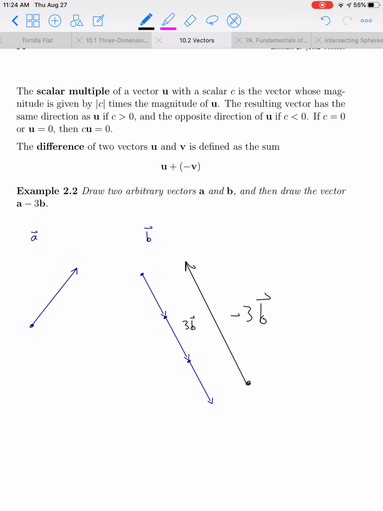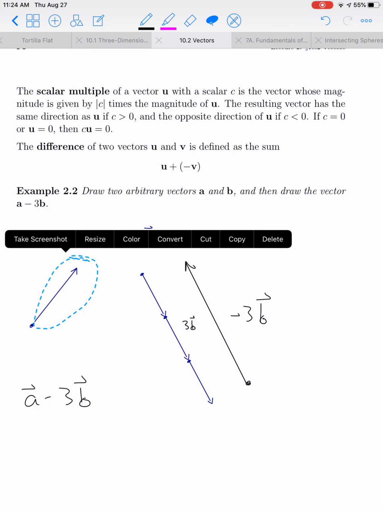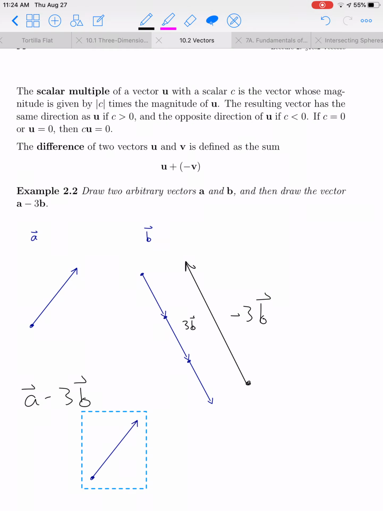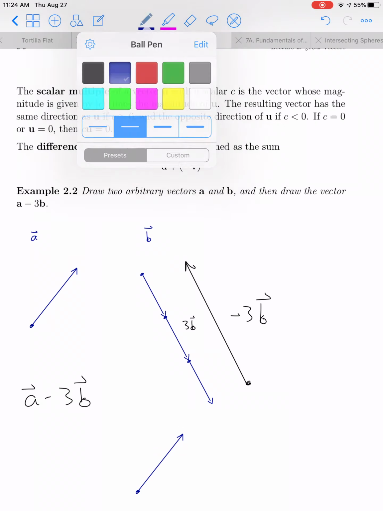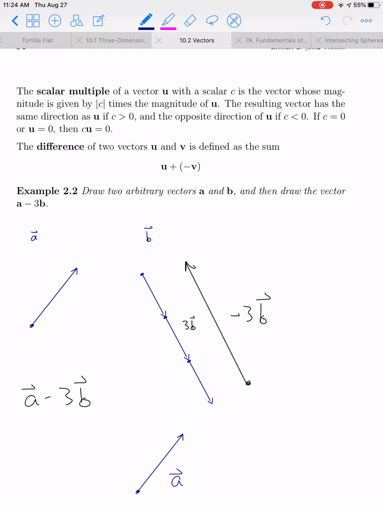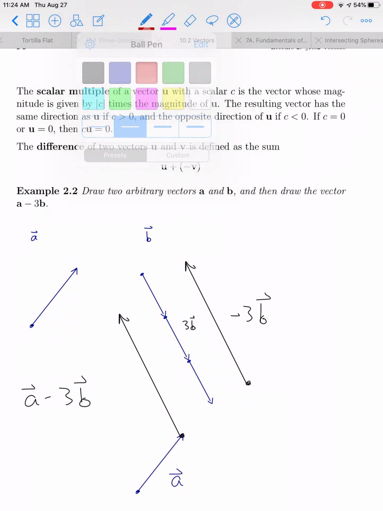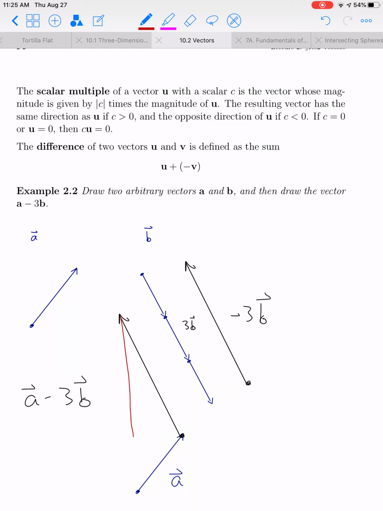In order to find the vector a minus 3b, all we need to do is take negative 3b and put it tip to tail to the vector a. So here's our vector a. We'll label it below, vector a, and we'll take a copy of negative 3b and paste it tip to tail to a, and the resulting vector looks like this vector here in red.